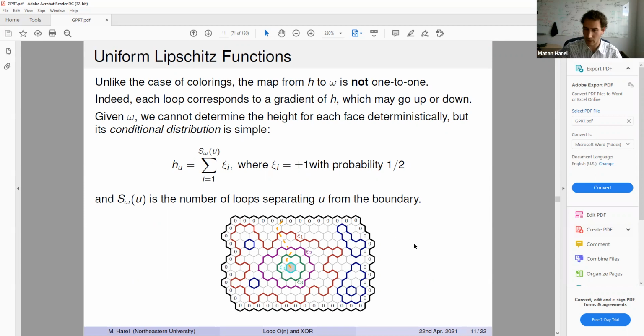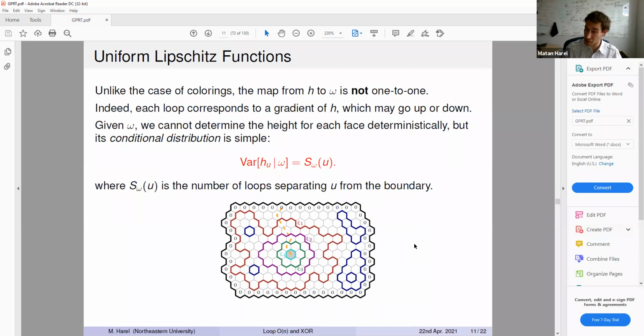And there's a more, I don't know, spicy way of writing that, which is instead of looking at the distribution, if you look at the variance, the conditional variance of the height at the face given omega is exactly equal to the number of loops that surround it.